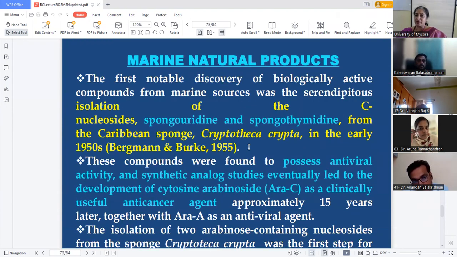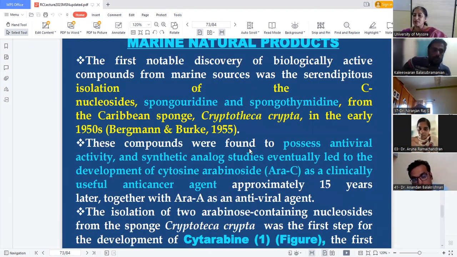So why has marine natural products gained so much importance? So let's see this write-up. So marine natural products have been discovered, and they are still being discovered. And it is because of the research that was done way back in 1955, quite a few years back by Bergmann and Burke, wherein 2 new nucleosides were isolated from the sponge species, spongouridine and spongothymidine.